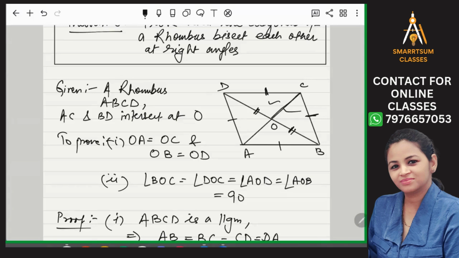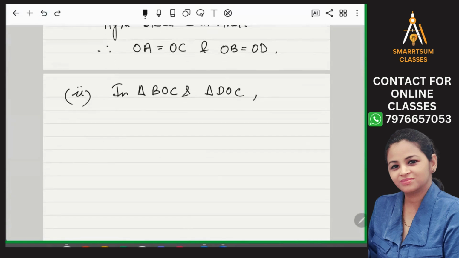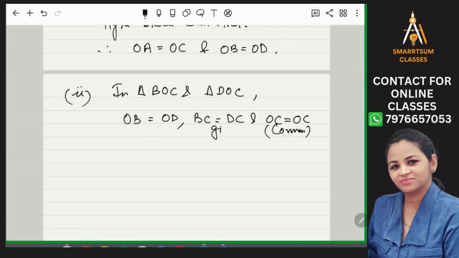And OC is the common side between the two triangles, right? And therefore these two triangles are congruent to each other. I hope you're getting this, right? So write it down that OB is equal to OD, BC is equal to DC, and OC is equal to OC. This is common, right? This we have proved, and this is given, right?